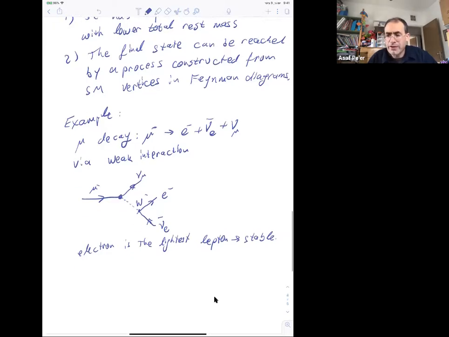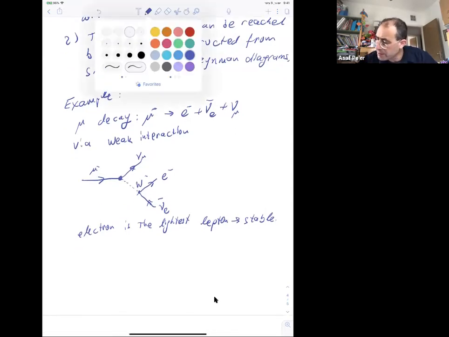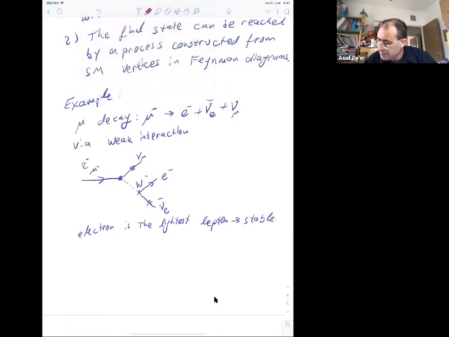Now we can have exactly the same diagram for the tau lepton. Rather than the muon, I could write tau here, and this will be a tau neutrino. The rest looks the same.